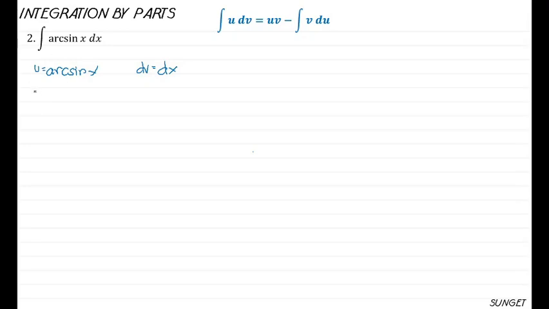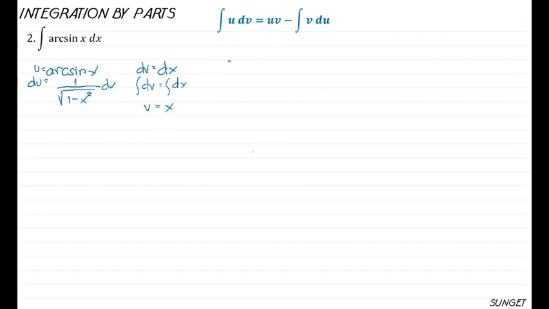So for the u part, differentiate both sides. So du equal to derivative of arcsin x, so 1 over square root of 1 minus x squared dx. For the dv part, integrate each side. So integral of dv equal to integral of dx. So we have v is equal to x.